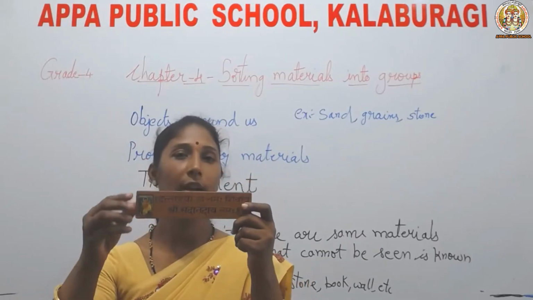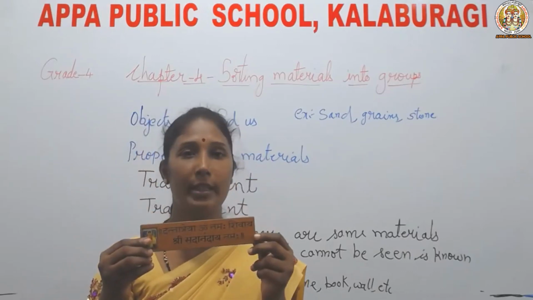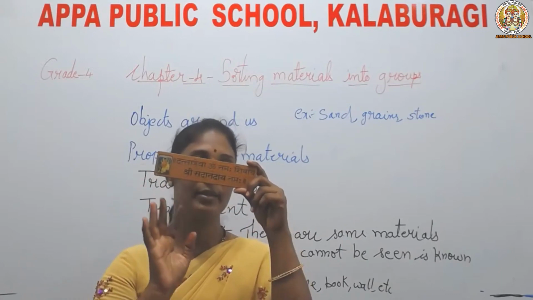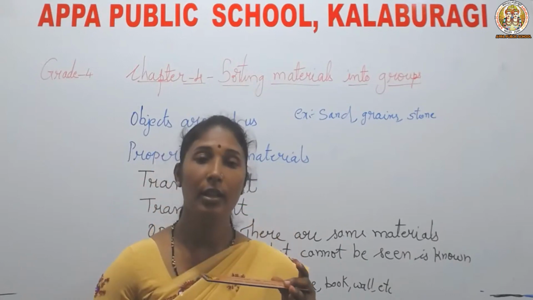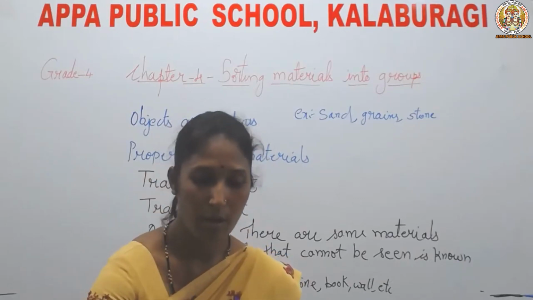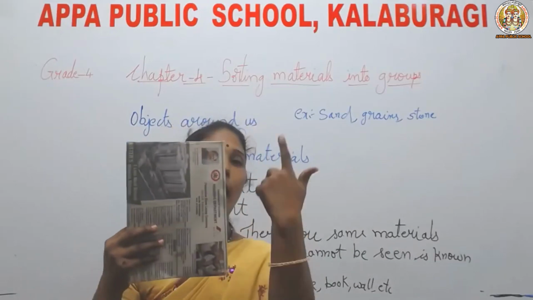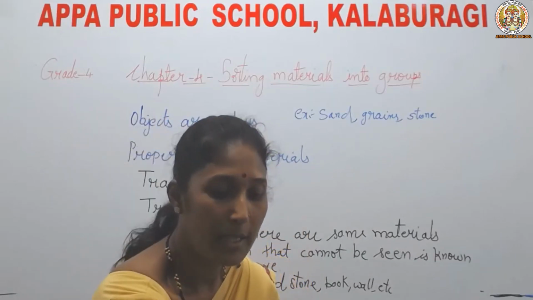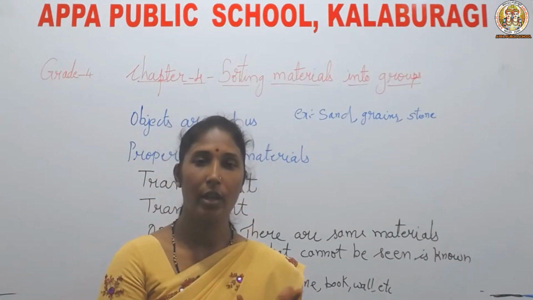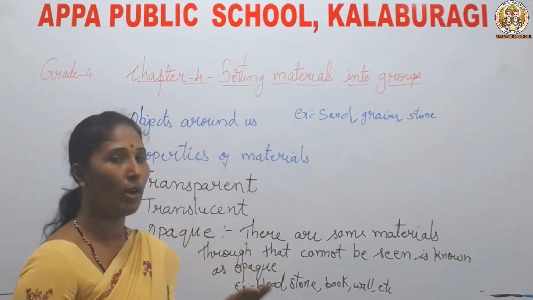When we hold it in front of our face, we can't see what object is present on the other side. Completely blank. So such objects are called opaque objects. Stone, yes, stone also. Through the book also, we can't see what is present on the other side. So these are some examples of opaque objects.